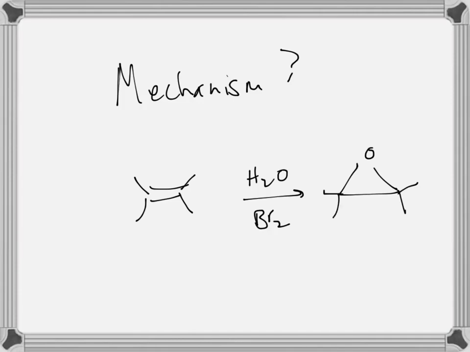What's the mechanism? Now you go through and try and figure it out. At no point will I ever expect you to predict the product and give me a mechanism. What I'm trying to do by showing you the mechanisms and working through it slowly is identify the sites of reactivity. Because when you see a question, that's what you're looking for.